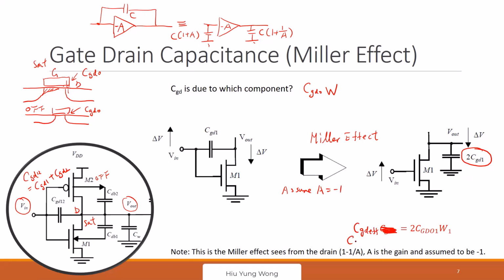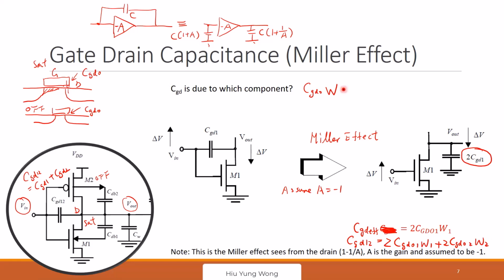So CGD12 will be equal to 2 CGDO1 W1 plus 2 CGDO2 W2, right? Is this okay?